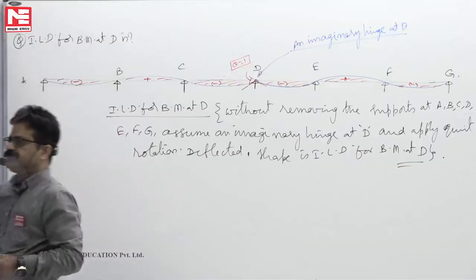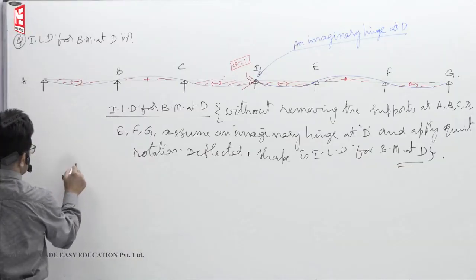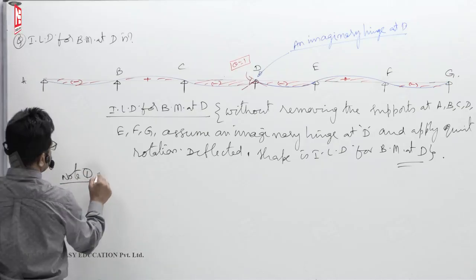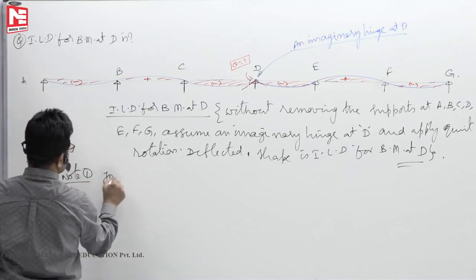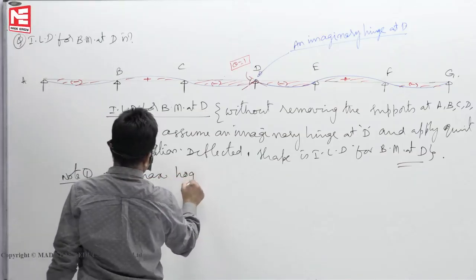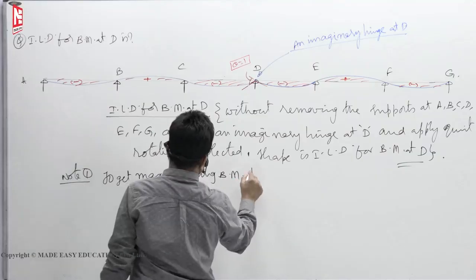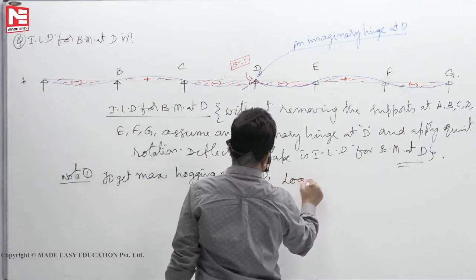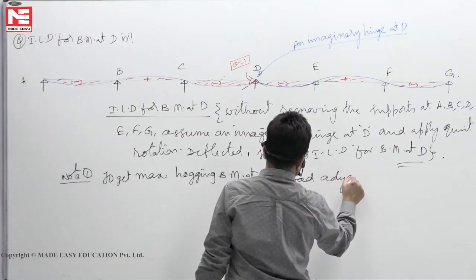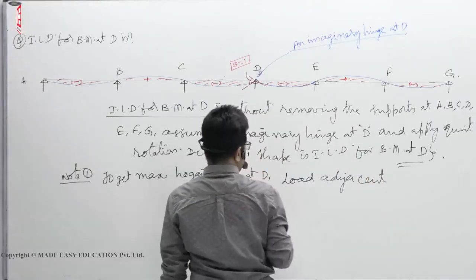Now, what 2 marks questions they can ask you is like this. To get maximum hogging bending moment at D, load hogging bending moment at any intermediate support.